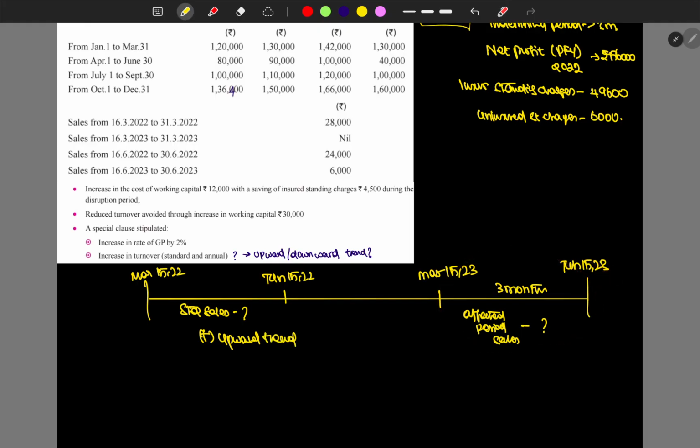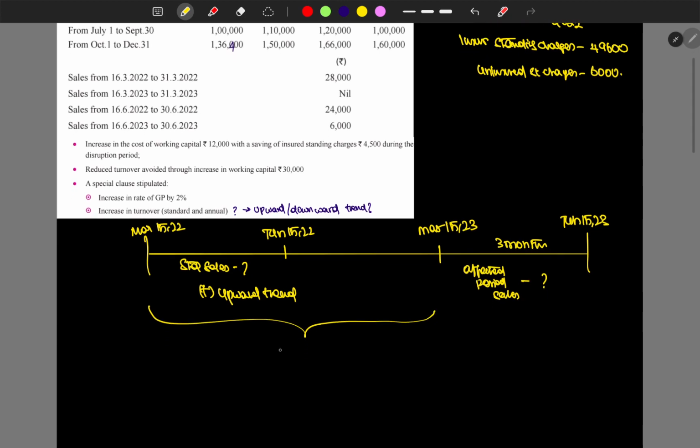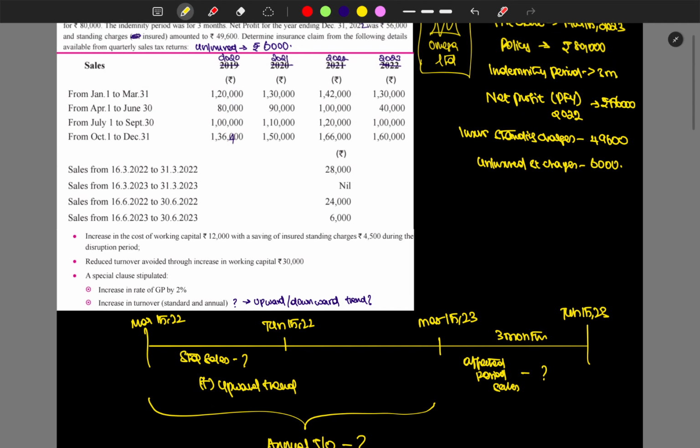Upward trend, and whatever the annual turnover from March 15, 2022 to March 15, 2023 is. We are given no information. We have to figure all this information out from the problem given here.